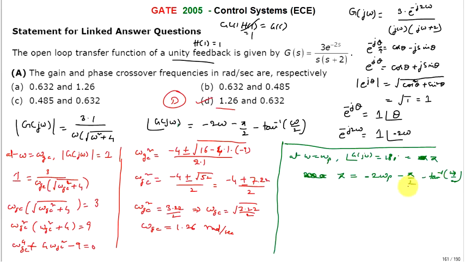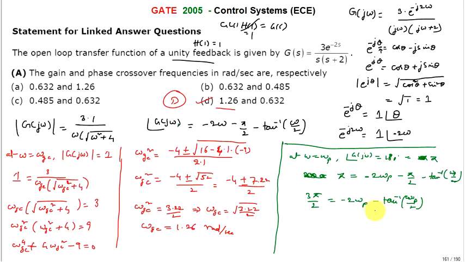And if you take this minus pi by 2 across, it will become 3 pi by 2 is equal to minus 2 omega p minus tan inverse omega p by 2.